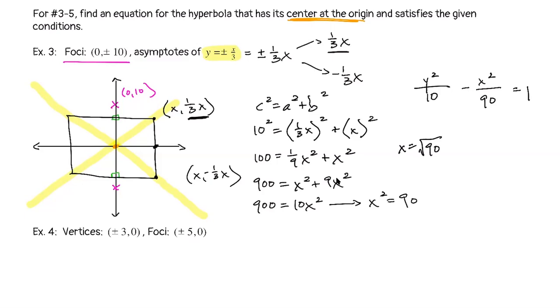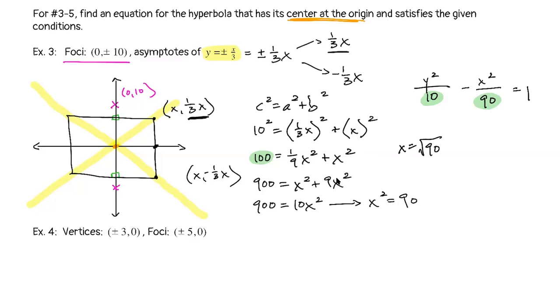Okay. The other way you could have thought about this is this number plus this number has to give you 100. So the distance to the vertex squared plus the distance to the covertex squared has to equal 100, because that's the distance to the focus squared.